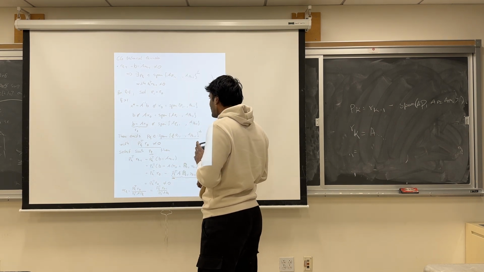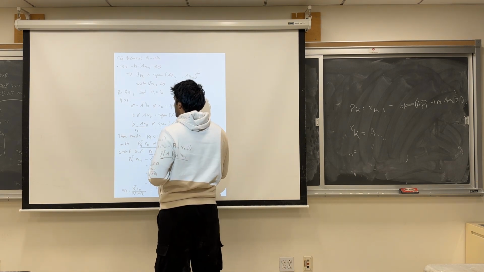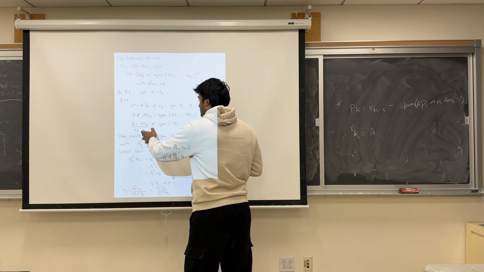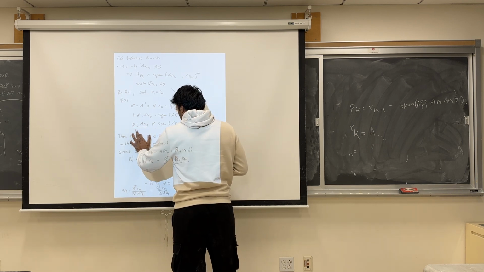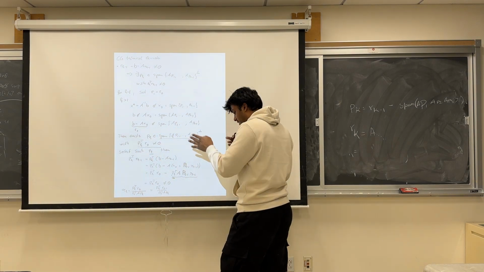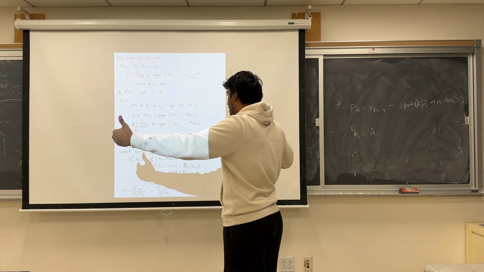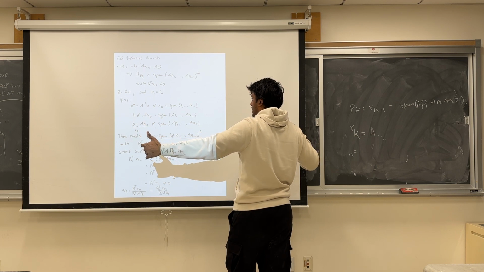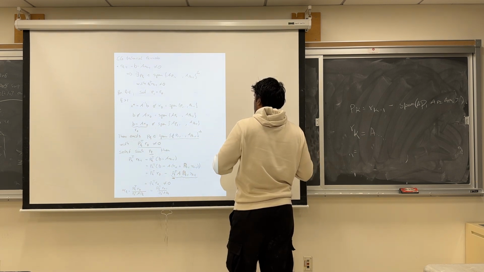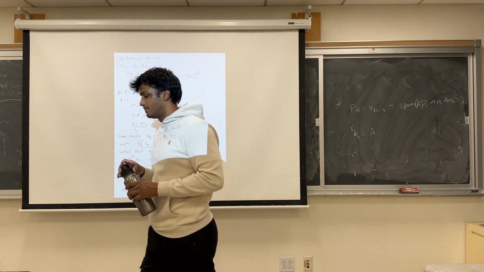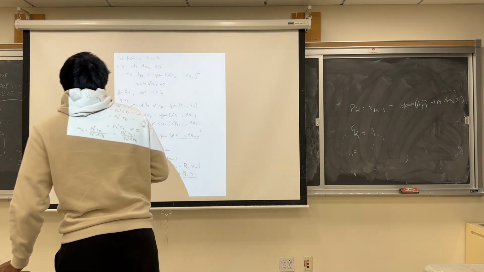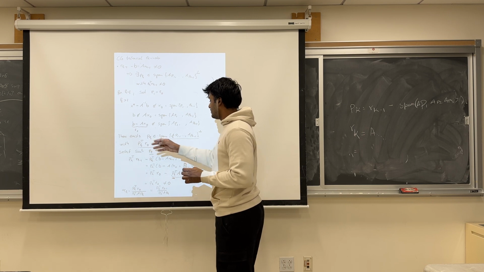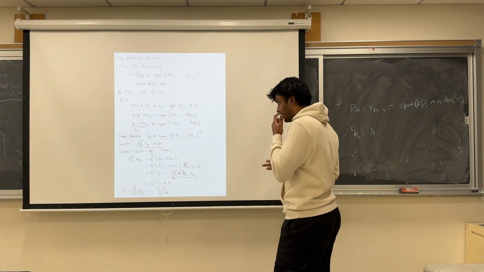Never mind. x star is my true answer, A inverse b. Basically what I'm saying is my R naught, my initial residual, the max residual that I have, does not lie in the span of AP_1 to AP_{k-1}. So there exists a P_k conjugate to this such that P_k transpose R naught is non-zero.